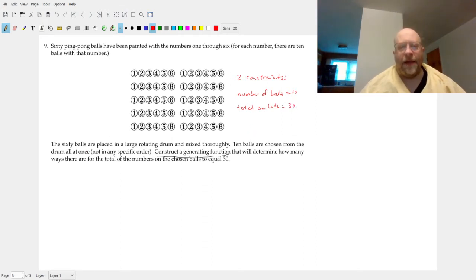And I think the only way that satisfies both constraints is to have a term in the generating function for each ball, and end up having 10 terms.